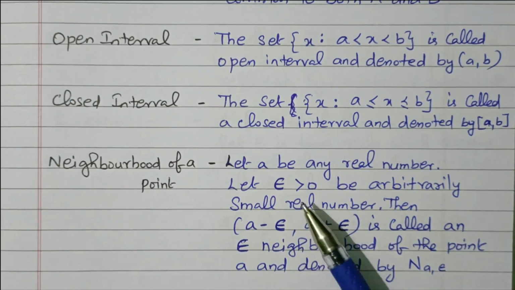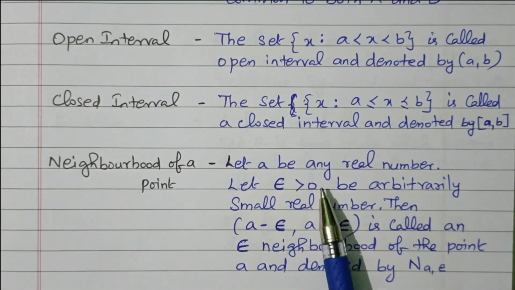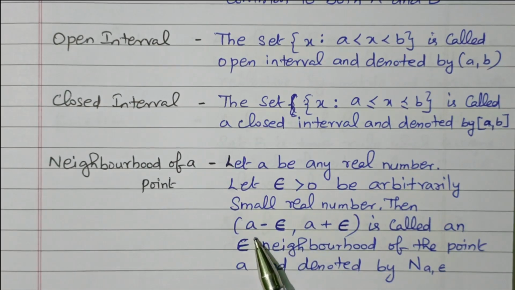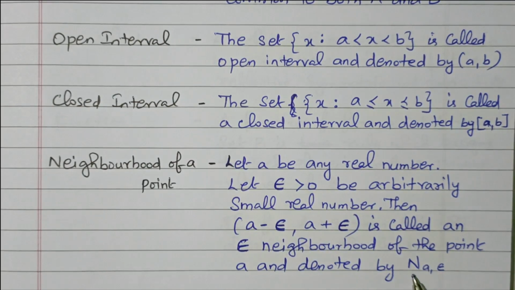There is a comparison between any real number and the small real number, denoted by (a − epsilon, a + epsilon). This is denoted by the symbol N(a, epsilon).